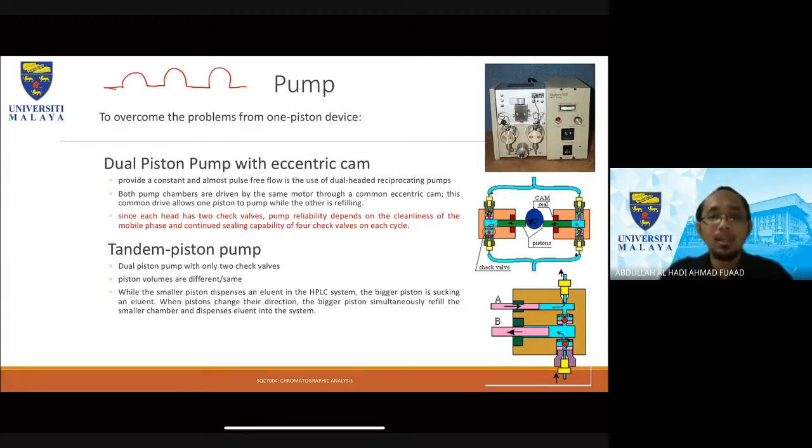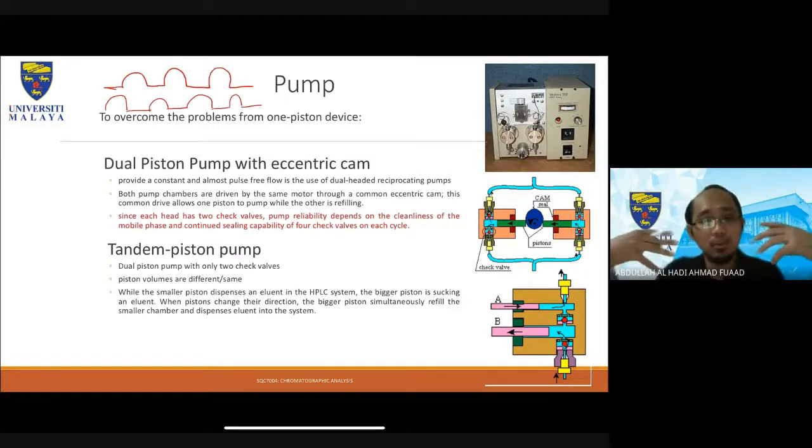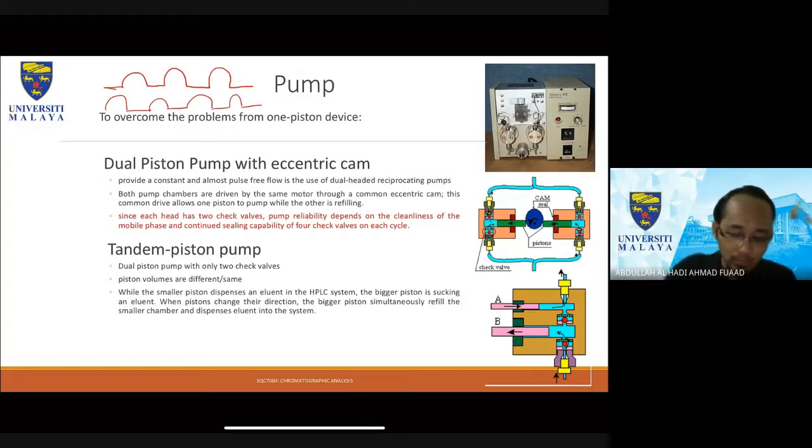It can happen. And so what you can do is, instead of purchasing a dual pump system or a better pump, you might want to buy a single piston pump and then set it so that it complements one another. So imagine if the second pump has the opposite movement as the original pump that you have. So if you combine these two together, you will have roughly something like that.